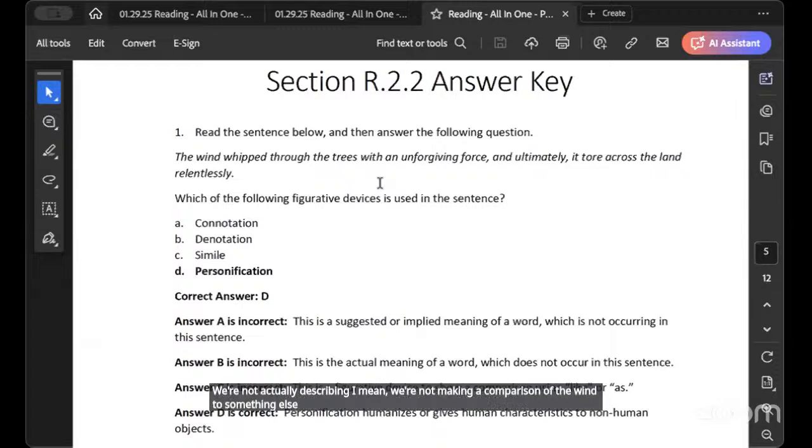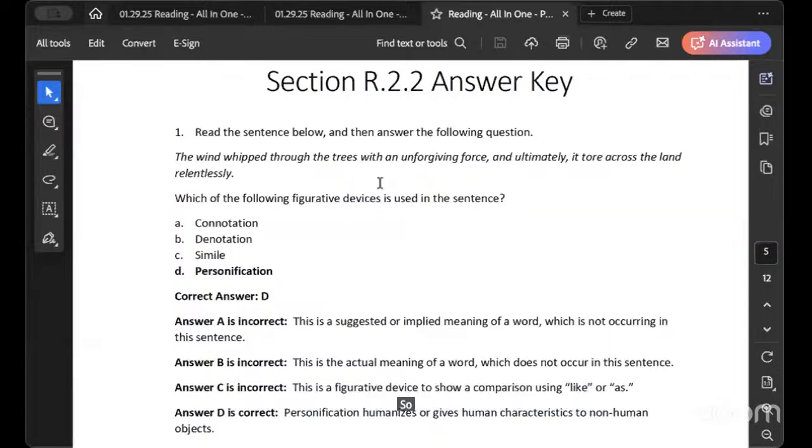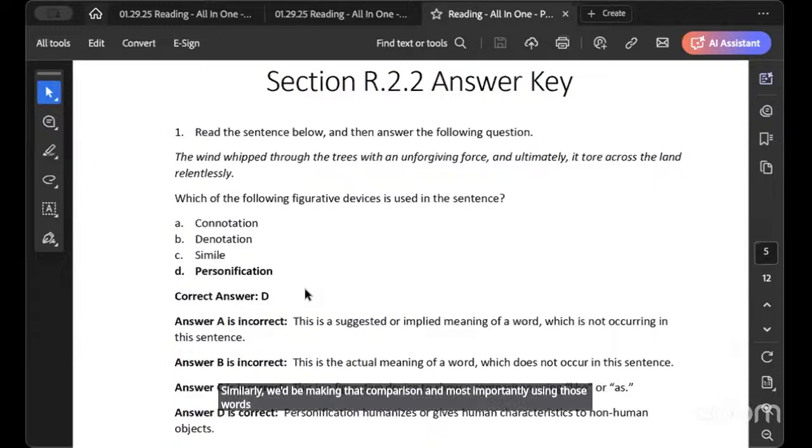We're giving that wind personification. It's whipping, it has that unforgiving force, it tore across the land. Those are all things that a human could do, and those are all personification. Simile would be making that comparison and, most importantly, using those words like or as.